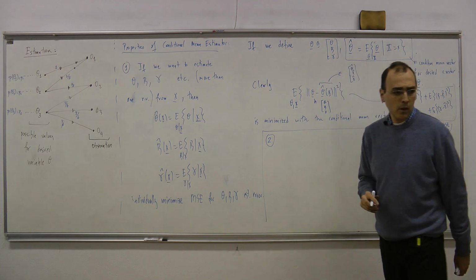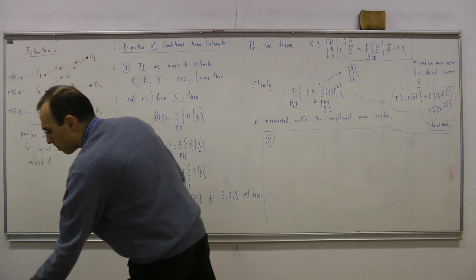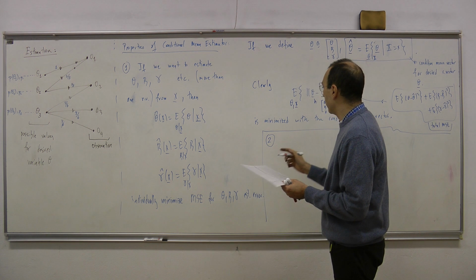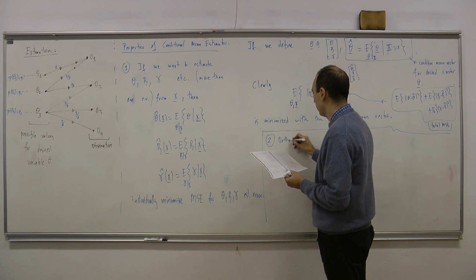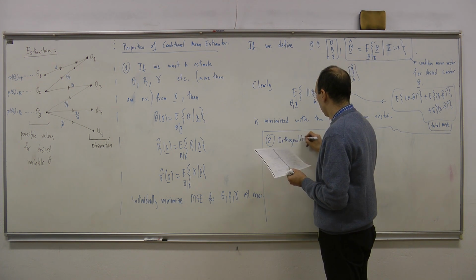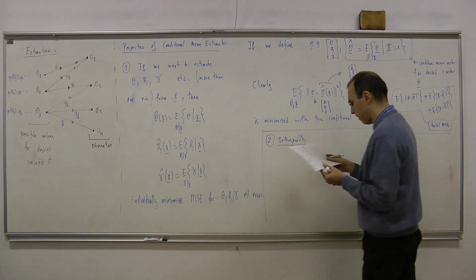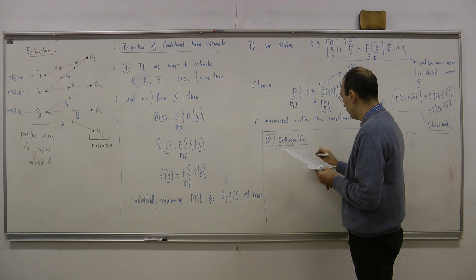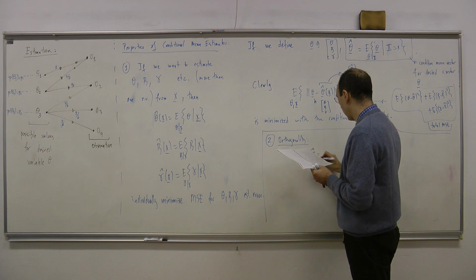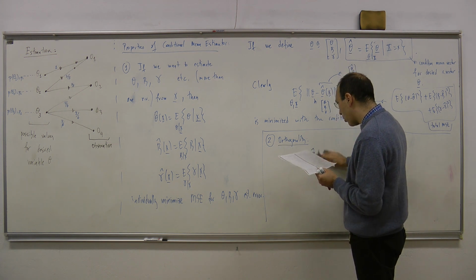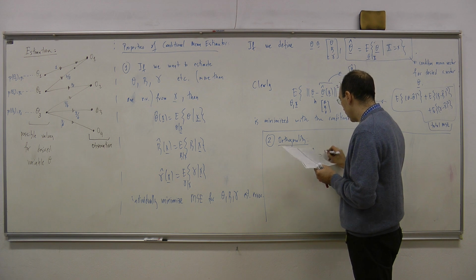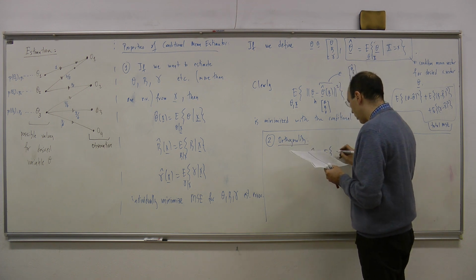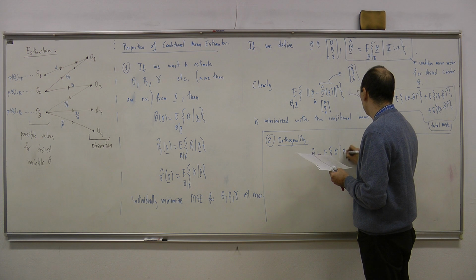Number two. This one is very interesting: orthogonality. Let's say that theta vector estimate is equal to the expected value of theta given x.